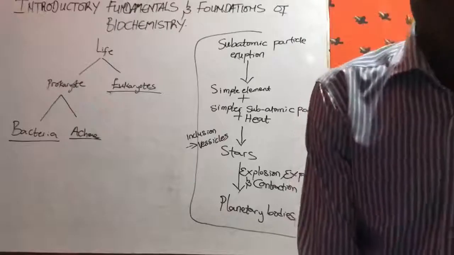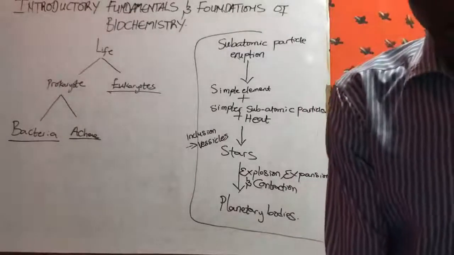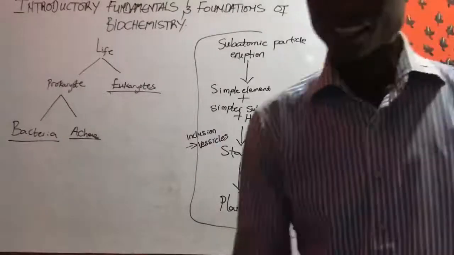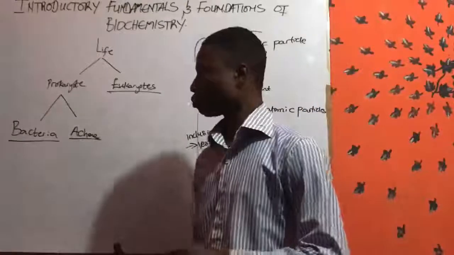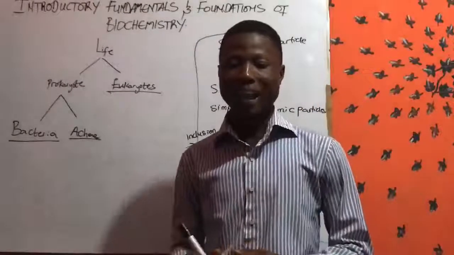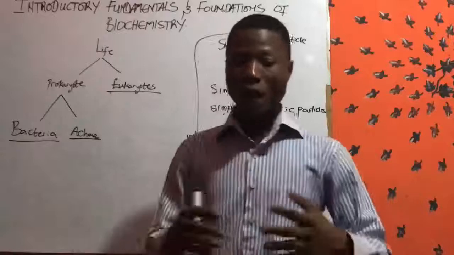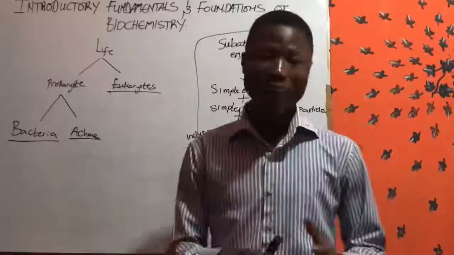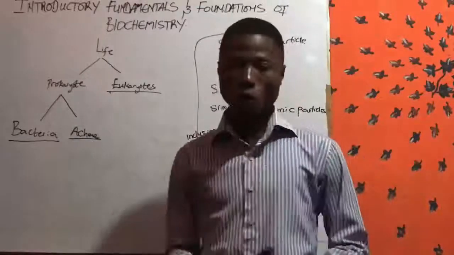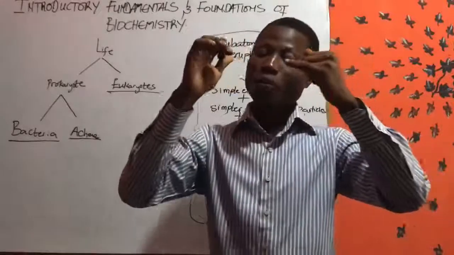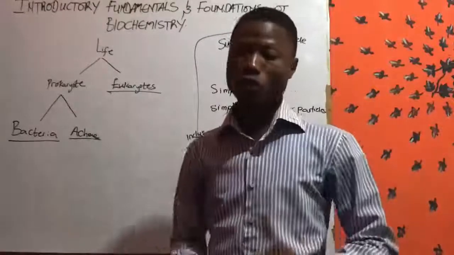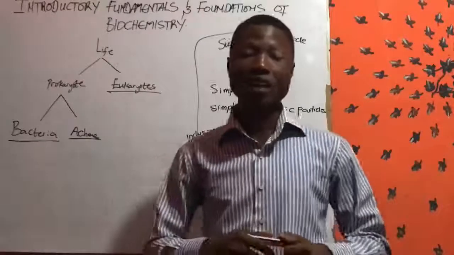So that's about that. Another thing is that organisms can either be anaerobic or aerobic. They can also either be phototrophs or chemotrophs. What do I mean when I say an organism is anaerobic?